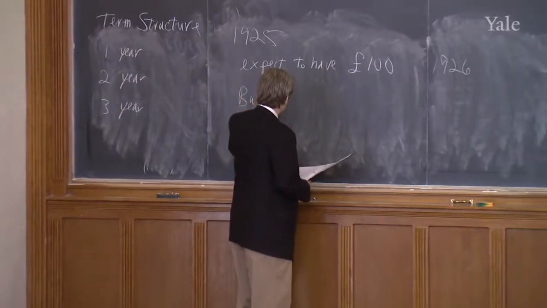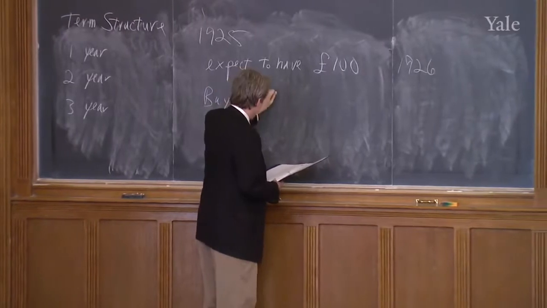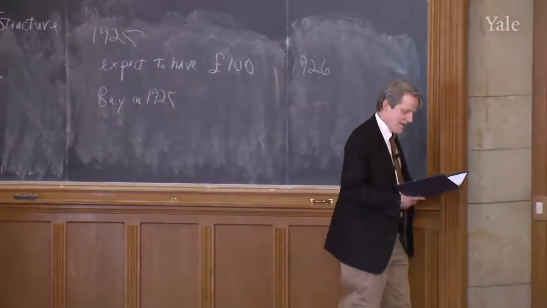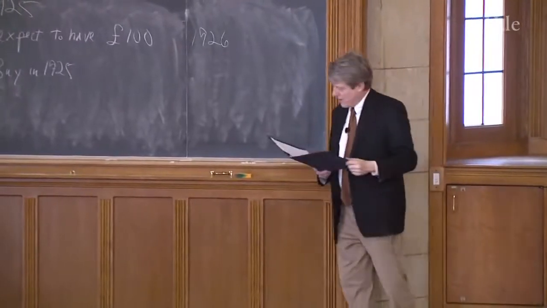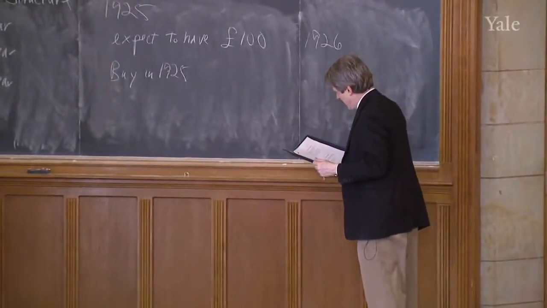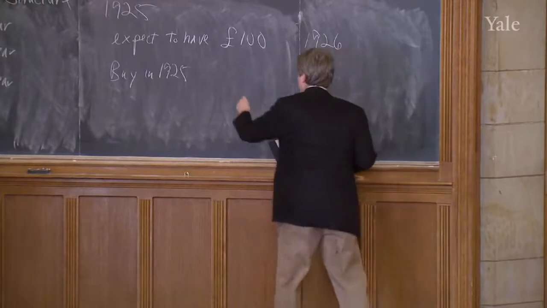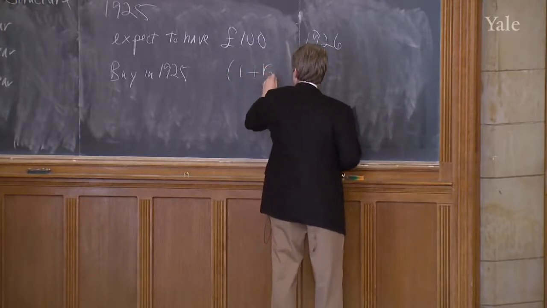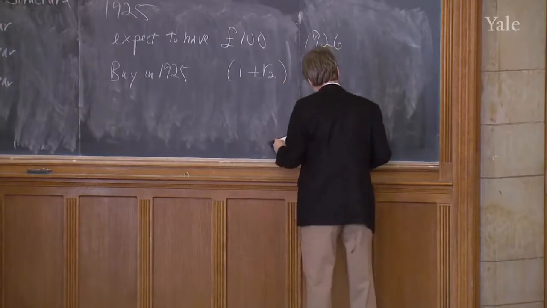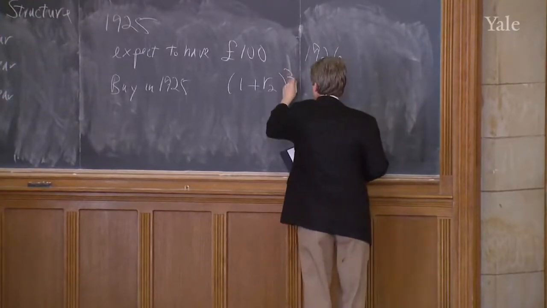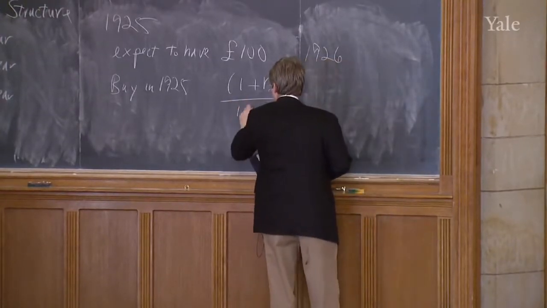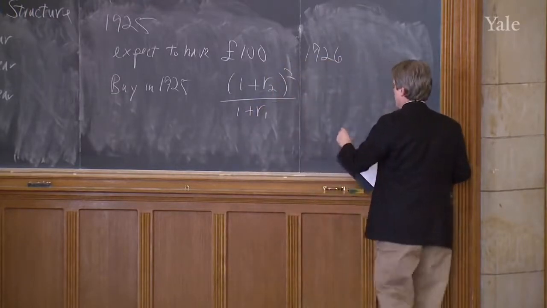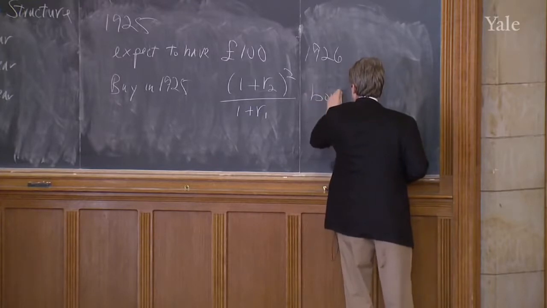Buy in 1925 2-year bonds in an amount. You've got to buy the amount right. You've got to buy (1 + R2), which is the 2-year yield, squared, all over (1 + R1) bonds, discount bonds.